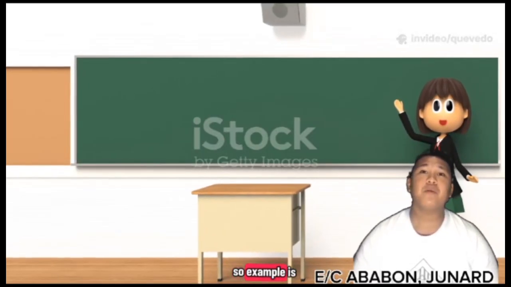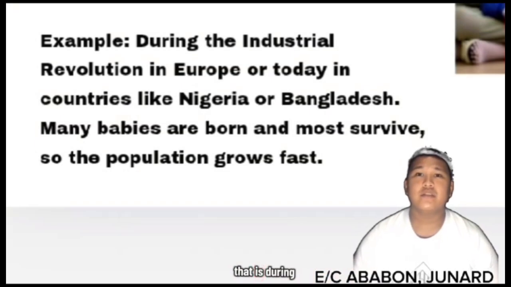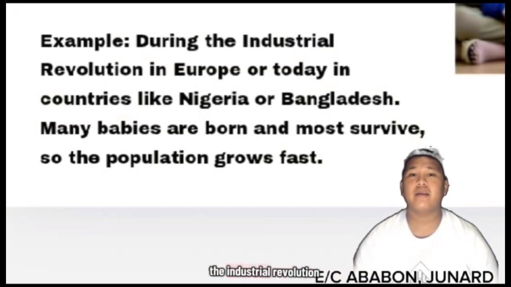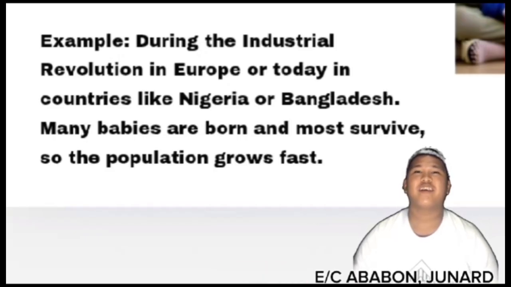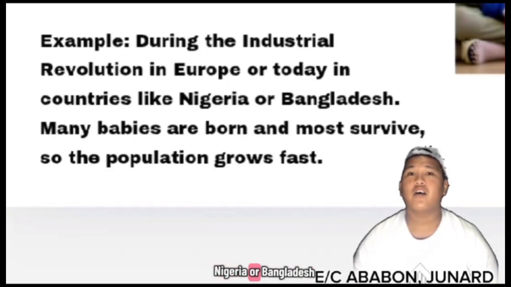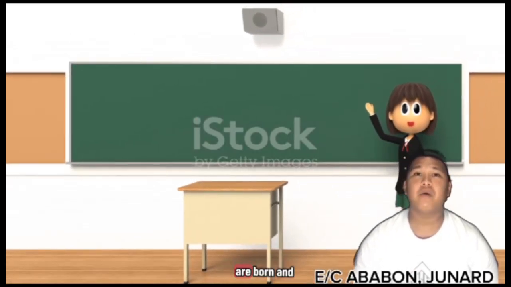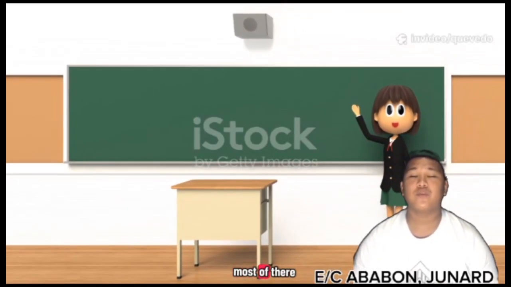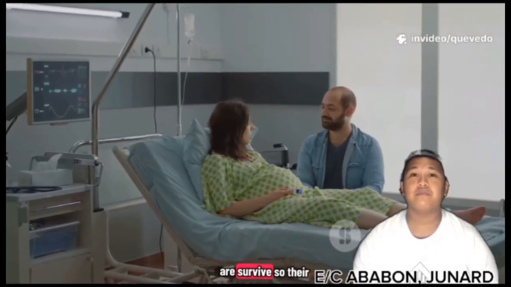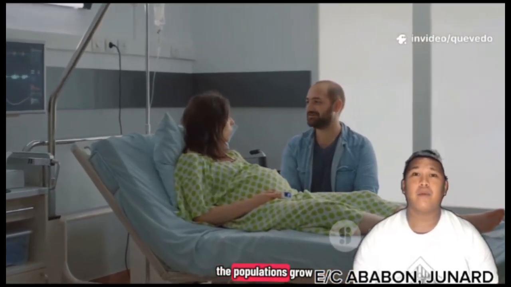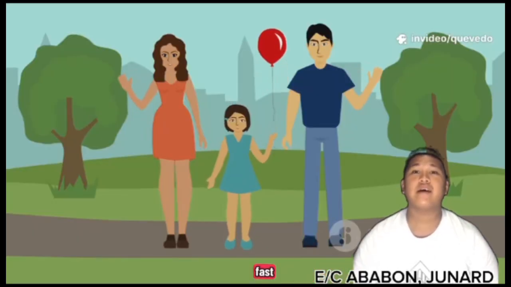An example is the Industrial Revolution in Europe, or today countries like Nigeria or Bangladesh. So many babies are born and most of them survive, so the population grows fast.